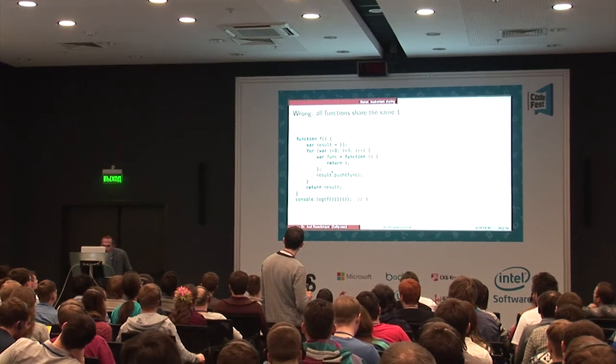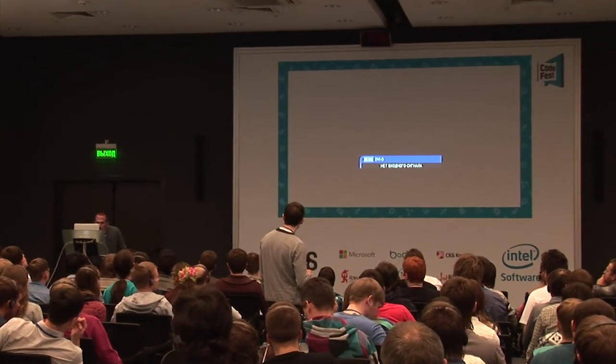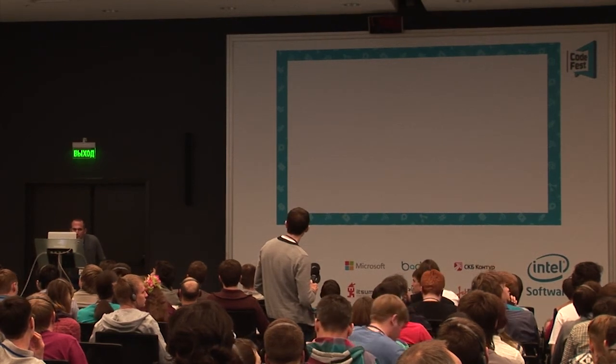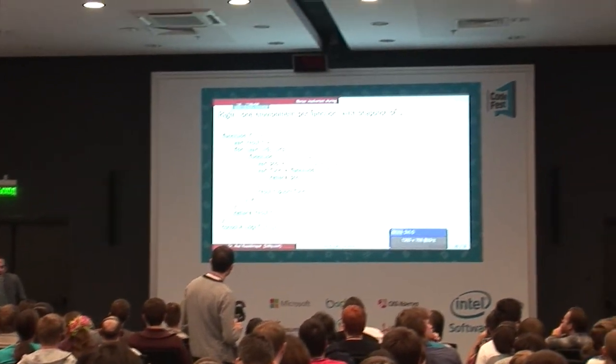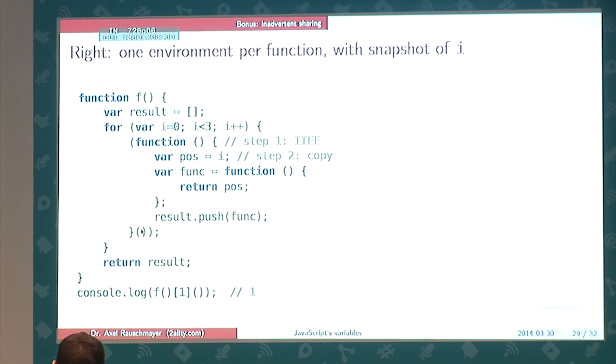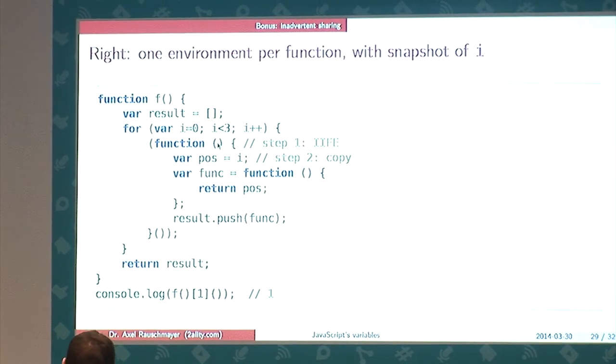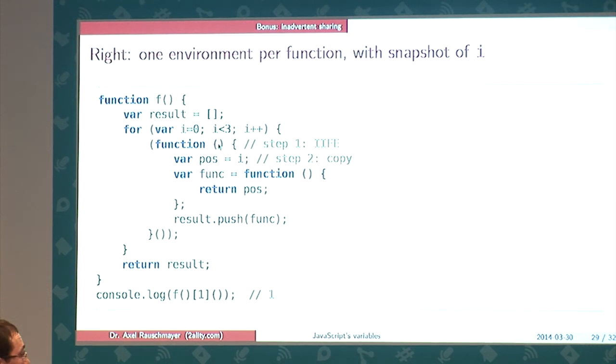So here you have it. You could put i as a parameter down here, and then up here you could have a parameter, a copy of i. I like that a lot actually.